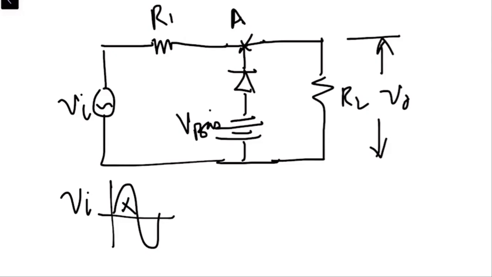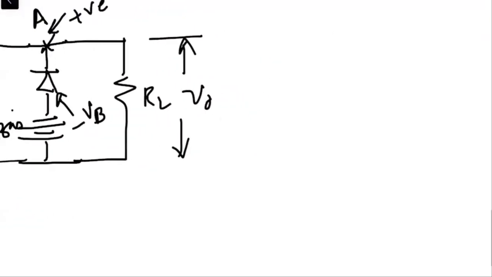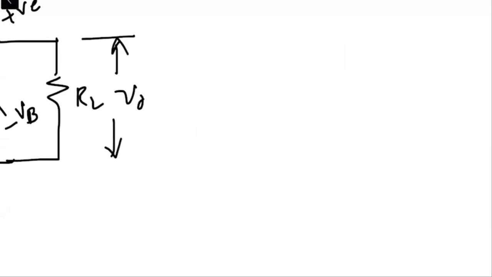Because for the whole positive cycle, this point is being held at positive value, and this end is being held at the minus V bias value, right? So for the whole of the positive cycle, the diode will behave as an open switch, right? And when it is behaving as an open switch, the circuit will behave something like this.